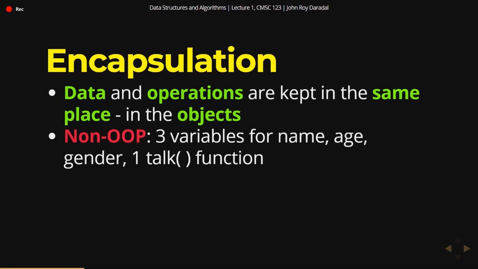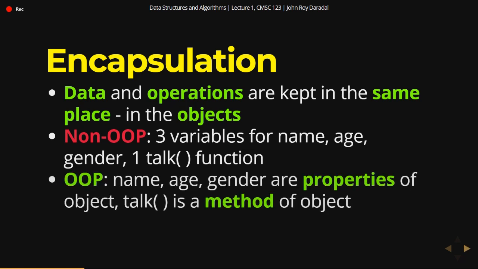And then you also have one function for talk. So there are four separate things. So you have three variables and a function. But in OOP, all of that will be inside the object. So your name, age, and gender will be properties of the object, and talk would be a method of the object. Okay, so that's encapsulation, keeping everything in the same place.